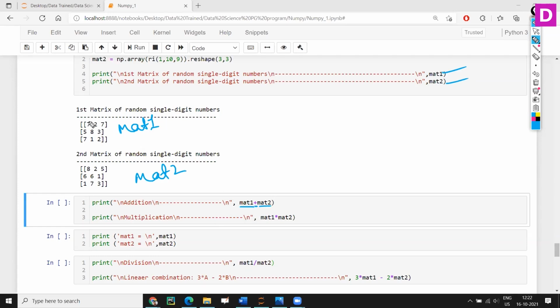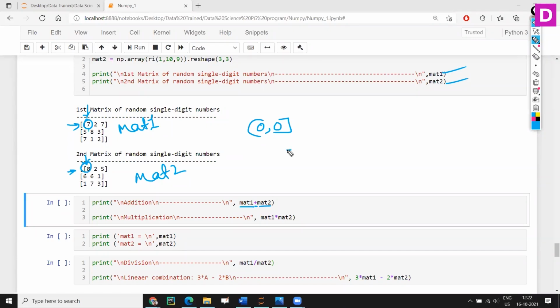So what it does, it will take this element. What is the position of this 7? 0, 0. Why? Because this is the 0th index row-wise and the 0th index column-wise. The same spot, the same position will be picked.